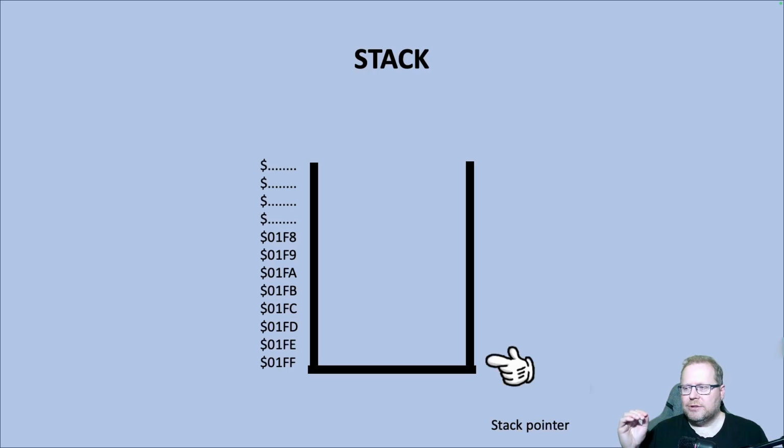So we just need to make sure that we as programmers know that we need to keep track of this number, the number that's in, for example, X right now. I'm going to need that number in just a moment, but first I need to use the X for something else. For example, like a loop that we just saw. So hopefully that makes sense. The stack is there to help us do these sort of things.